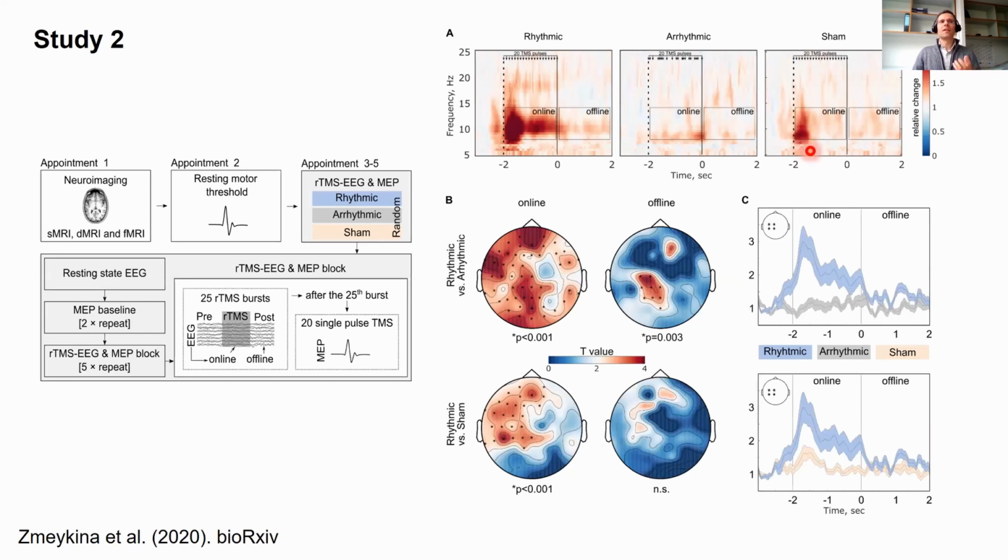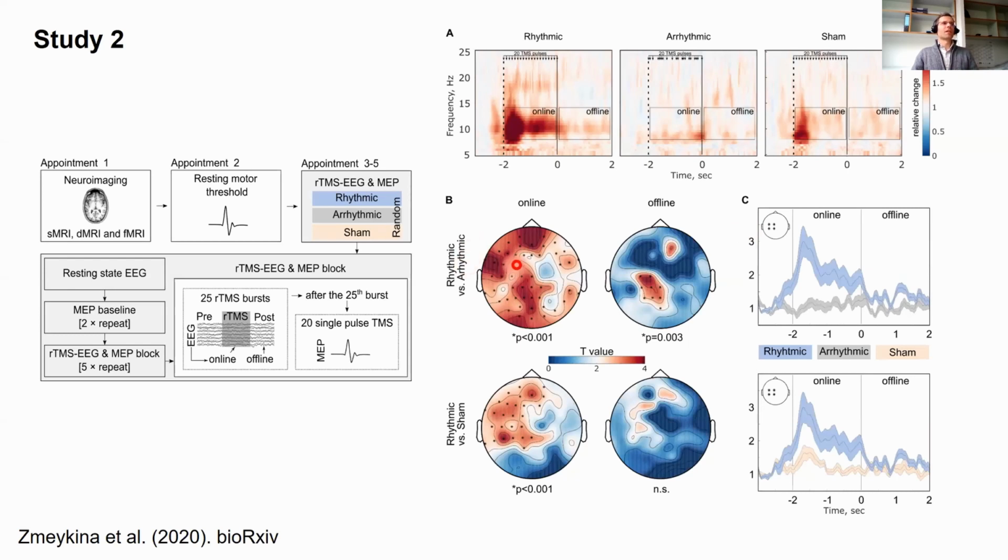So there was an initial increase, but in order to get a maintained elevation of the amount of synchronization in the mu alpha rhythm, you needed to use main rTMS. In sham, probably because participants hear this initial click sound and there is an adaptation to that, this decreased, and it was not significantly increased anymore.